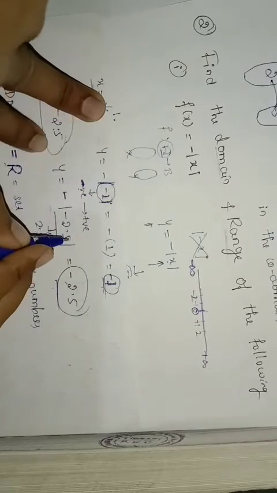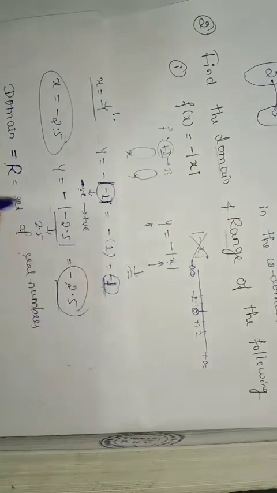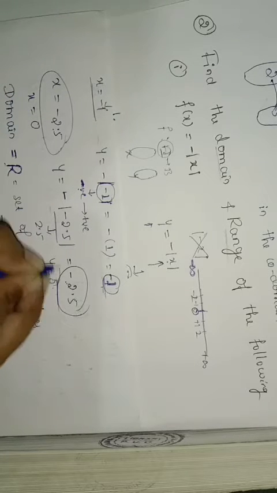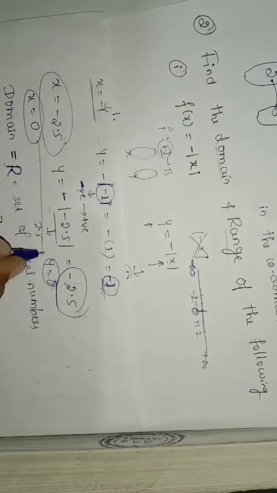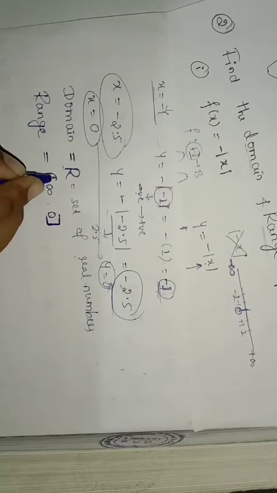Since we discussed the closed interval and open interval, the range of this function will be open interval minus infinity to closed interval 0. So whenever you take x is equal to 0, y will be 0. Therefore I am considering this 0 also, closed interval. So we are considering 0 here. So we are not considering minus infinity.